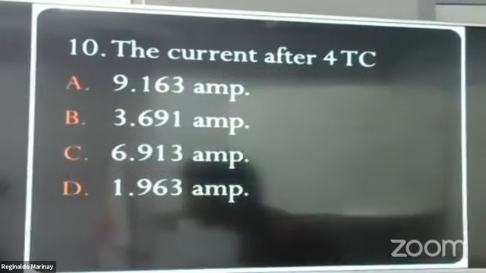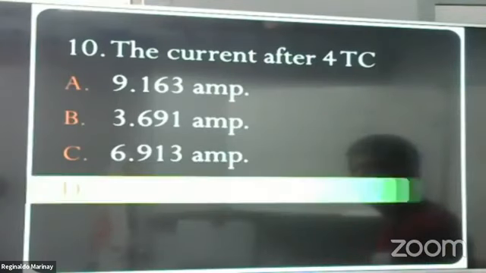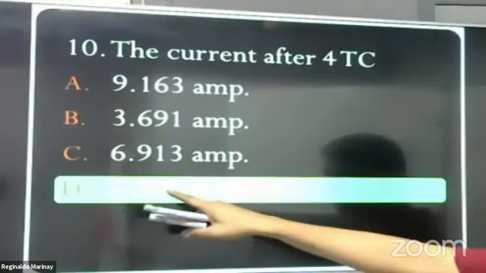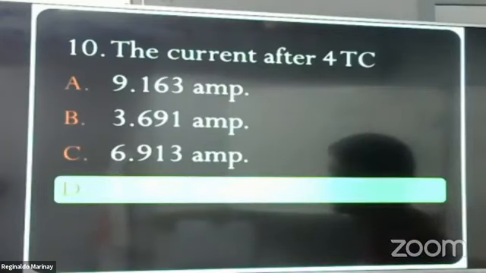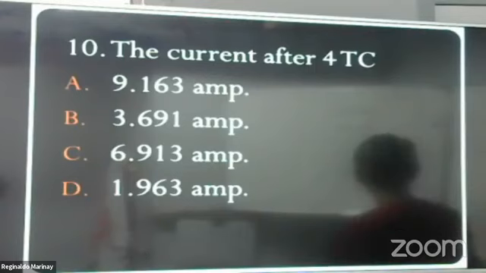Let's see if it's correct. The answer is 1.963 amperes. That is the answer, letter D.